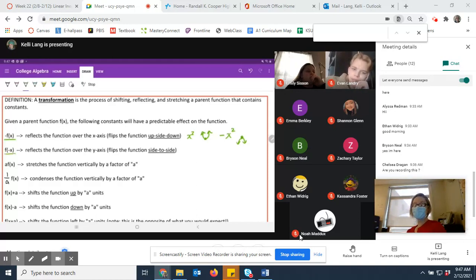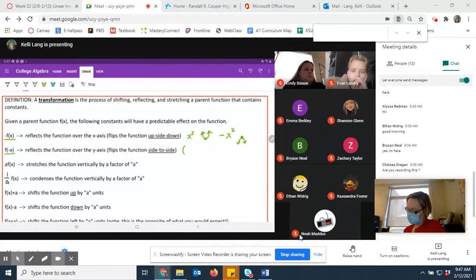A negative inside the function, so it would look like this. Inside, note the parentheses. Or if I started with, let's see, write it a different way.